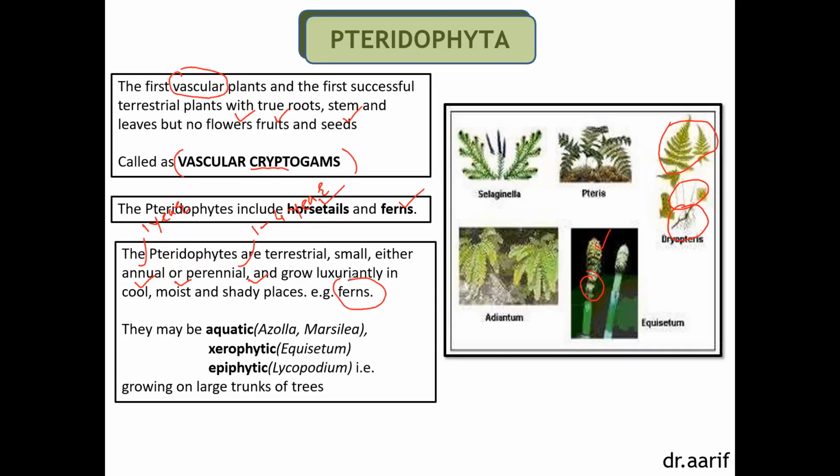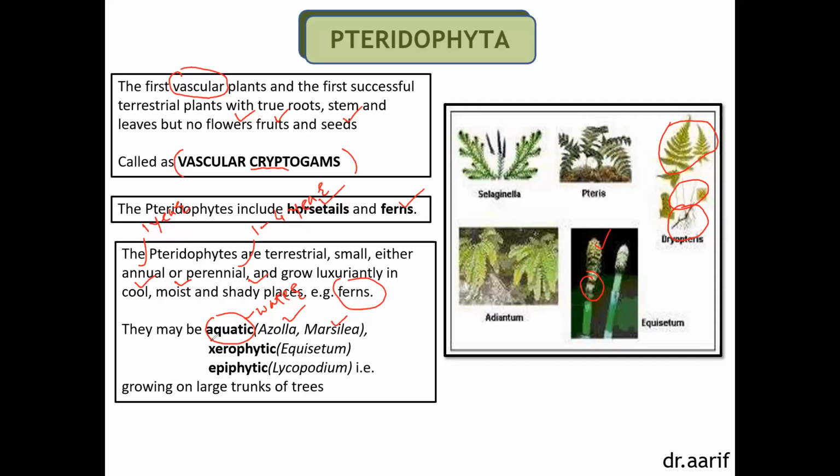Then if we look at pteridophytes, we observe different habitats. Some pteridophytes survive with an aquatic lifestyle near a water body. This includes pteridophytes like azolla and marsilea.